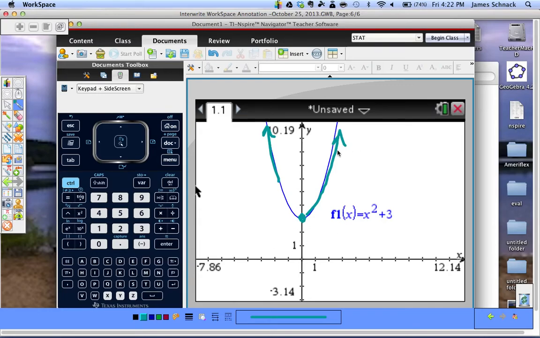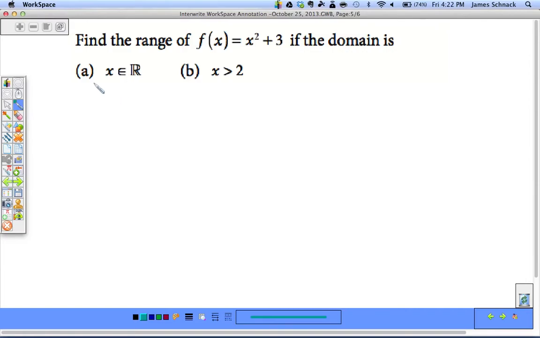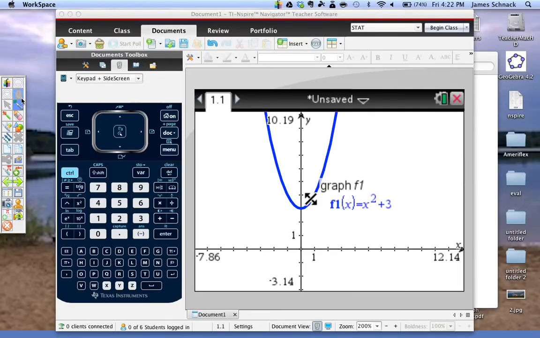Our range, for x an element of the real numbers, would be f of x greater than or equal to 3, or we could say y is an element of [3, infinity).